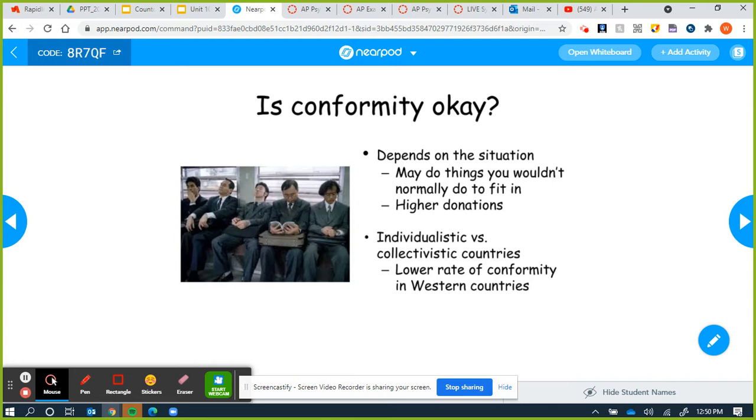In Western culture though, Western cultures are individualistic. We very much value being unique. And so Westerners are less likely to conform, whether that's good or bad, but you've seen it a lot this past year with mask wearing.